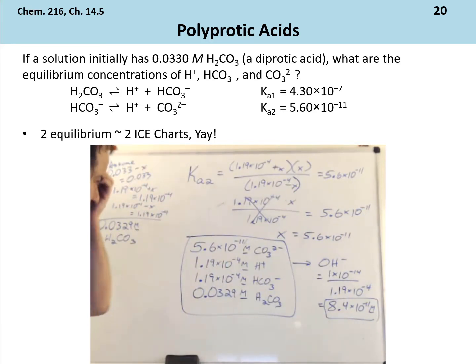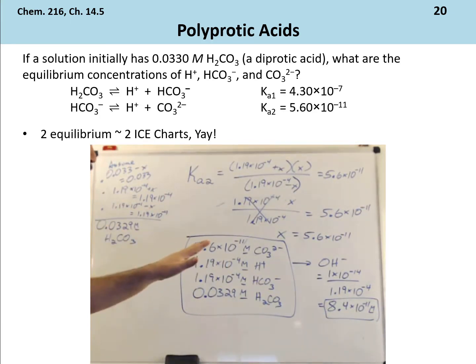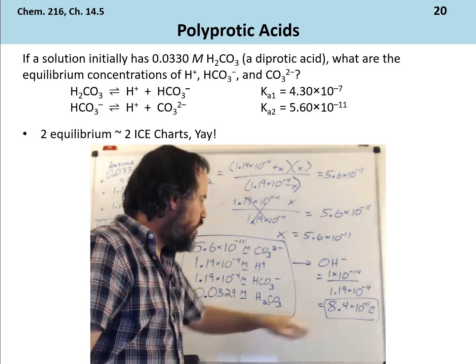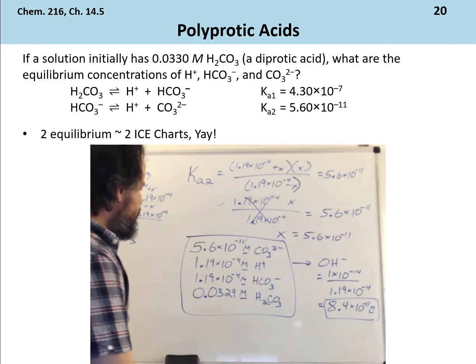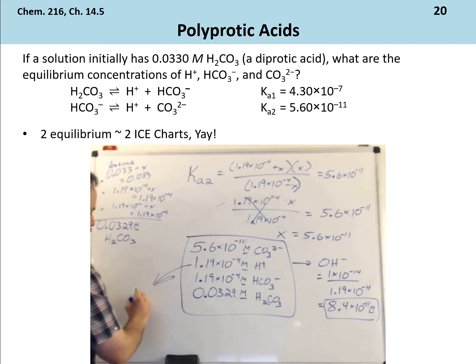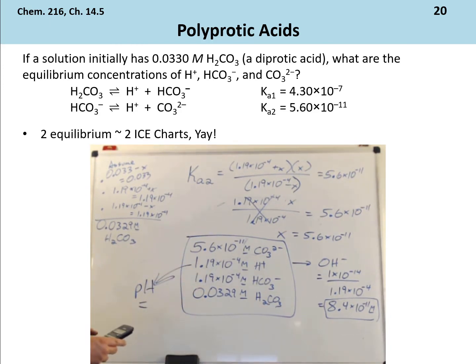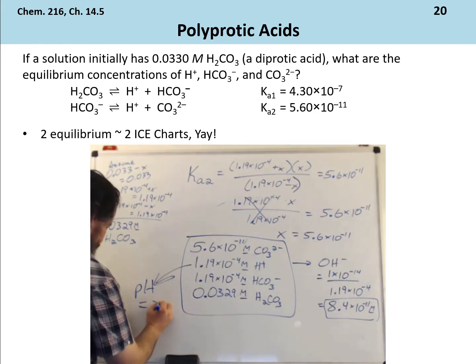Okay. All right, so that is that for figuring out the species present. Okay. I could also use this to figure out pH. Let's just do this real quick. I can take the negative log of that, and that would get me 3.92. Okay.